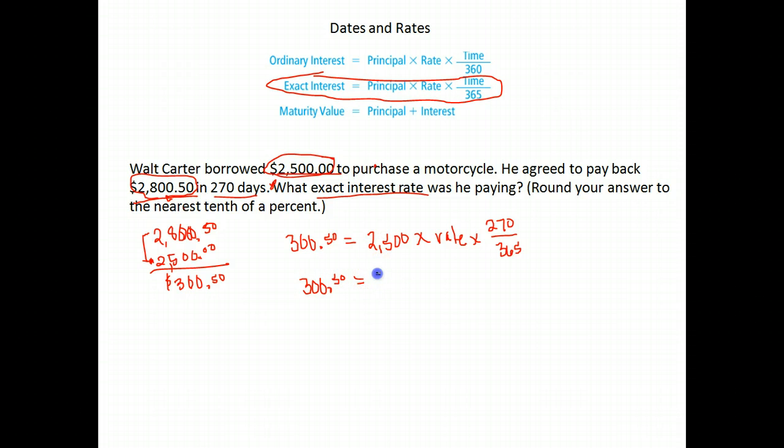On the right-hand side, we want to calculate what we can. So we take the 2,500 times the 270 and divide by 365. Let's move that rate down to the end so it's not in our way.